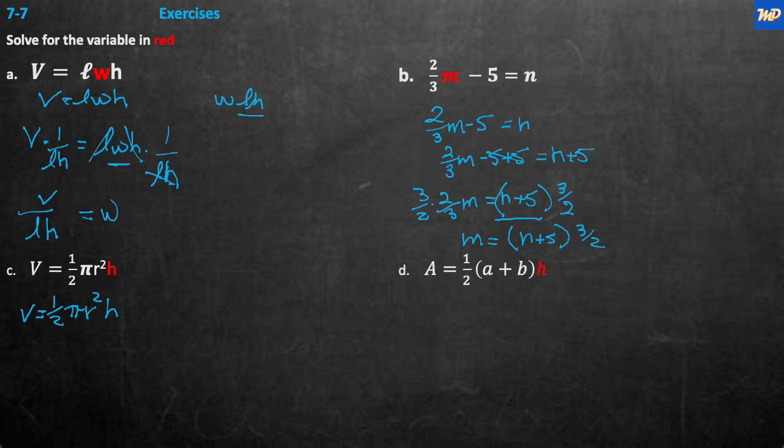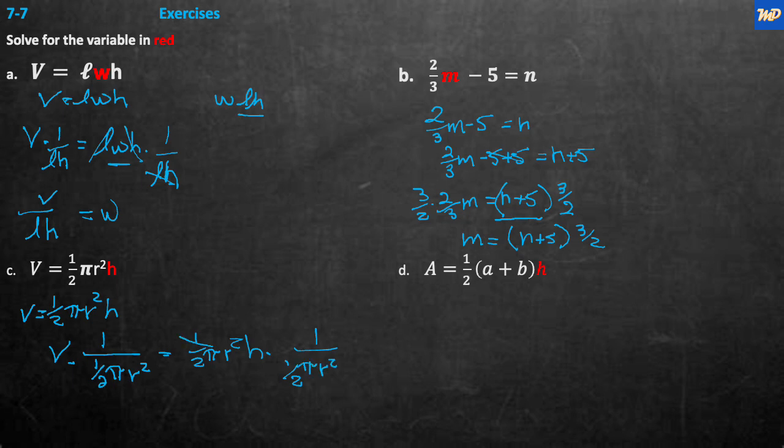That's easy: V times 1 over 1/2 pi r squared is equal to 1/2 pi r squared h times 1 over 1/2 pi r squared.